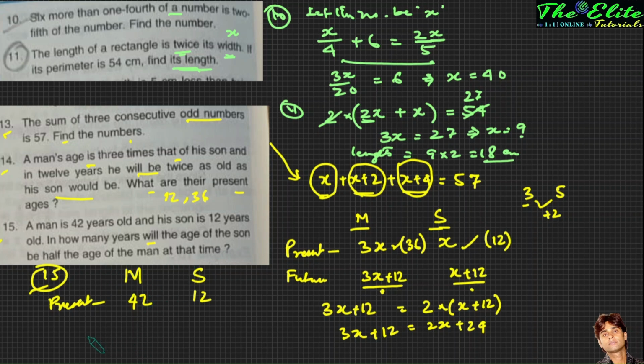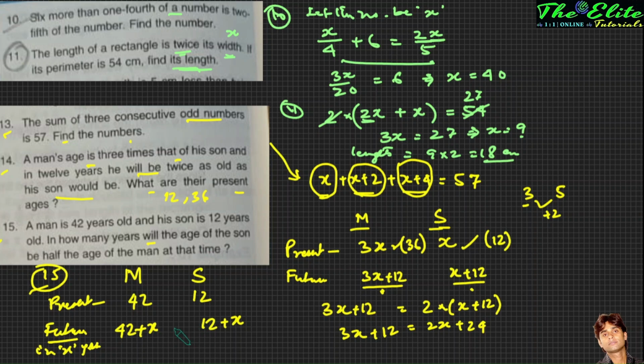In how many years? So let that years increase in the ages of both persons be x. So if we try to find out in future, in how many years, it means we are increasing by x. If x is added to the man's age, the same will be added to the son's age. First of all, future age in x years is 42 plus x and 12 plus x. Now, they are saying in that time, the age of the son will be half the age of the man.